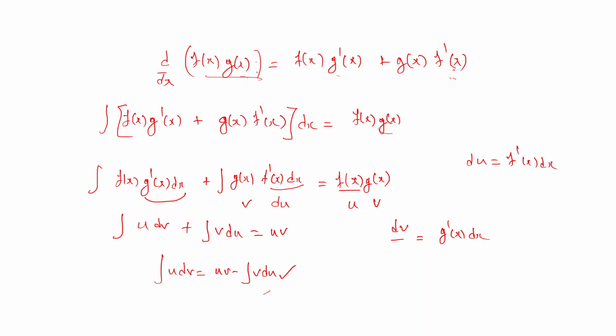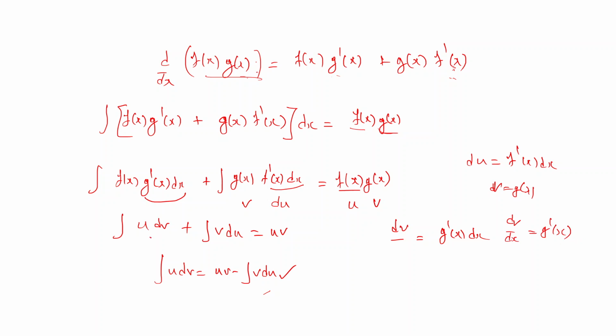Now we are calling this one as u, this one as v. We are just splitting this integration. If this is v, g dash x dx will become dv, right? If v equals g of x, what does that mean? dv by dx equals g dash x, which is nothing but dv equals g dash x dx.